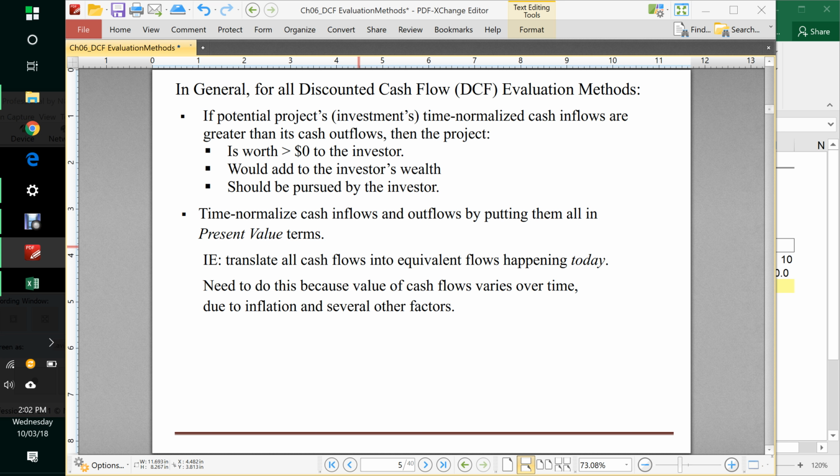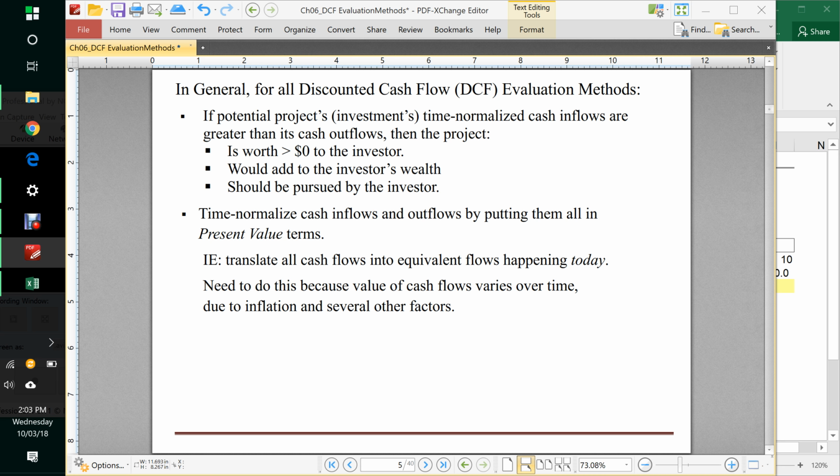We have to discount that 3-year out cash flow back to its equivalent for her at time t equals 0. Then we can add it to any other cash flow we have at t equals 0. That's very important, and that's foundational for all of the DCF methods.